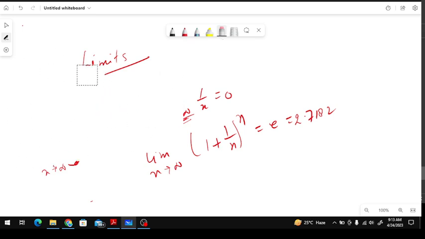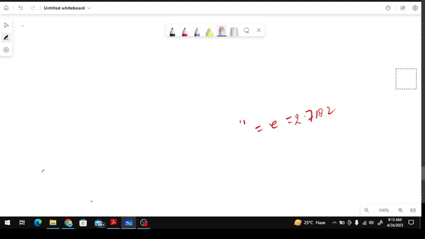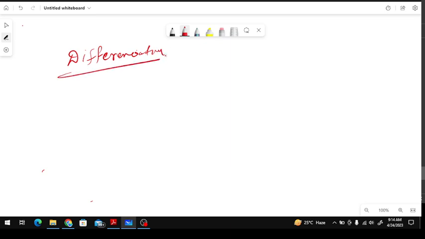Differentiation. Differentiation means derivatives.